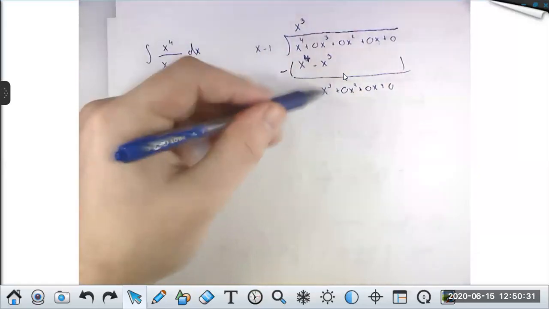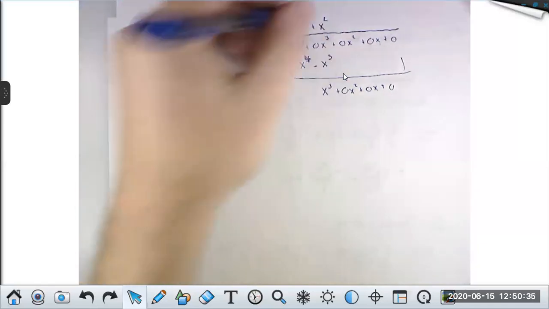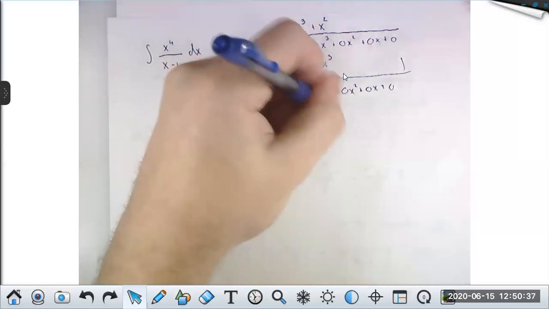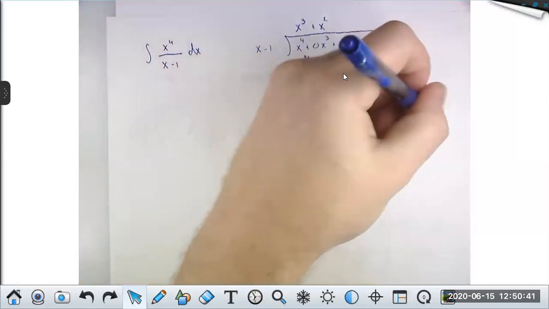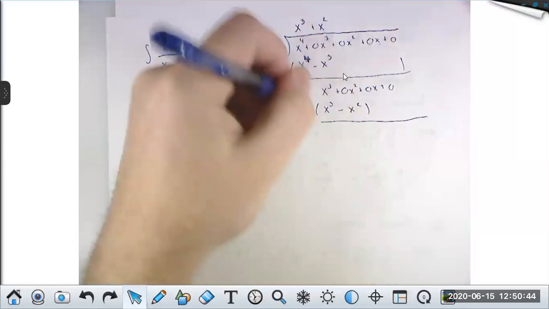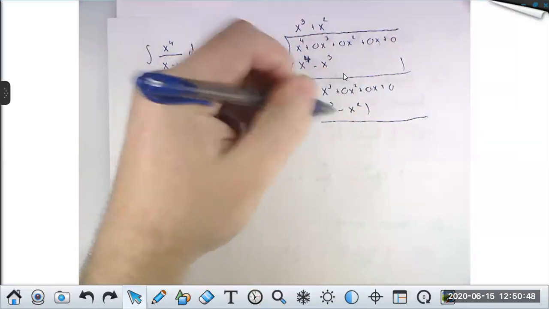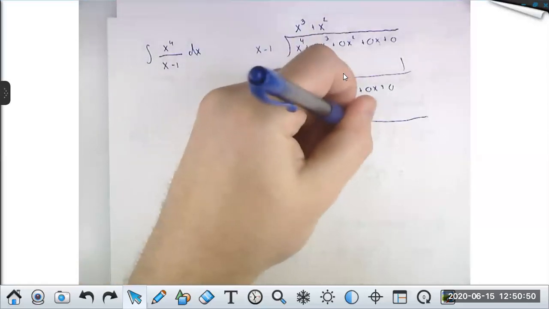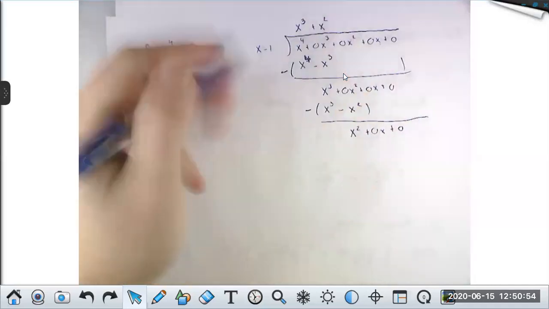To get this to turn into this, I need to hit it with an x squared. And when I distribute the x squared over this, I get x cubed minus x squared, and then I subtract the whole row. X cubed minus x cubed is 0. 0x squared minus negative x squared, that's positive x squared, and then the other 0x plus 0 terms come along.